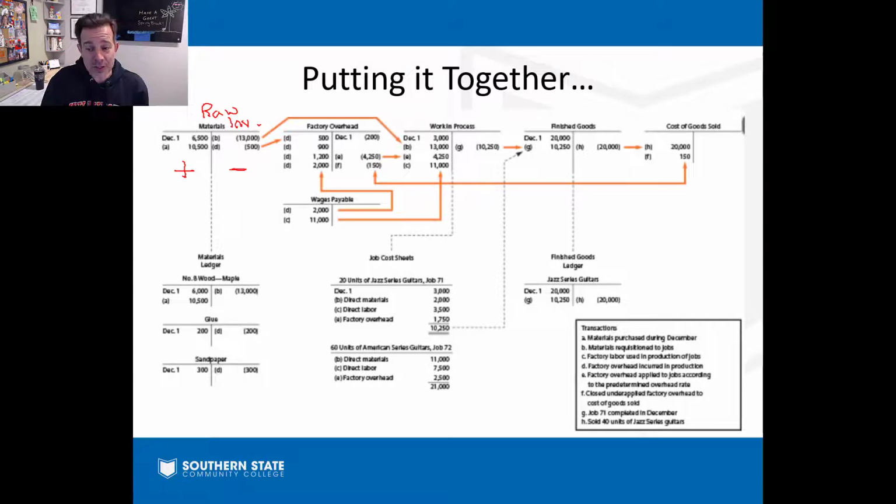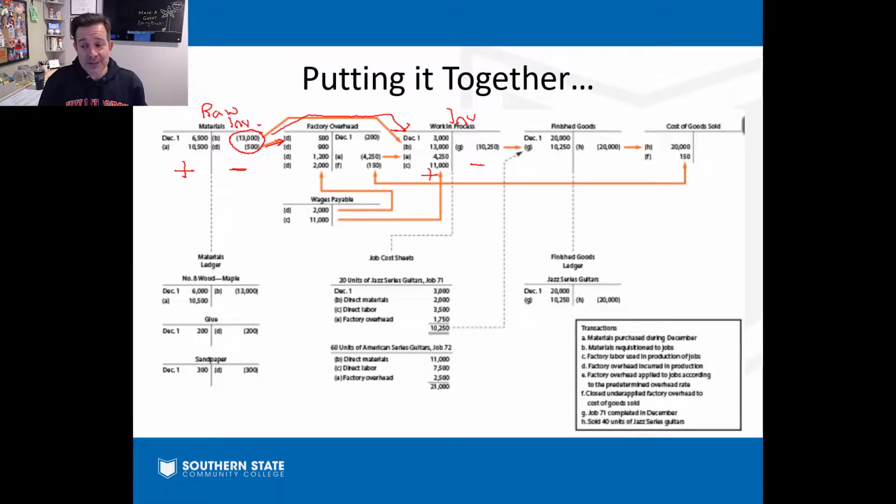So you can see it's going down, meaning these materials are being put into production, either indirectly into overhead or directly into work in process, which is also an inventory account. So it means it would go up on the debit and down on the credit.